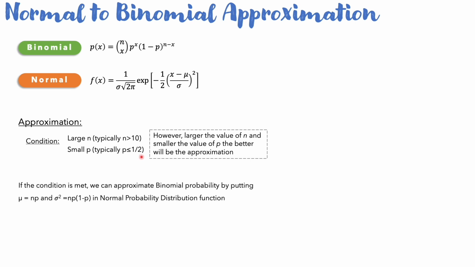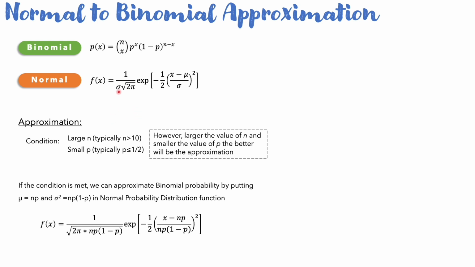When this condition is met, meaning n is very large and p is very small, then we can use the formula for normal on binomial by replacing mu with np, n times p, and sigma square, or the variance, by np into 1 minus p. We replace these values in the formula of normal probability distribution, and then we can apply it on binomial. Once we do that, this is the formula that we get.